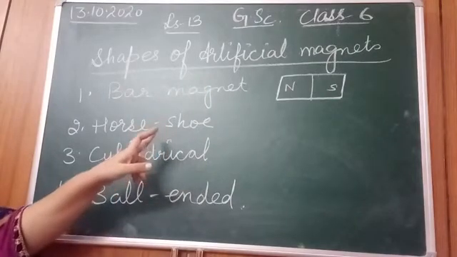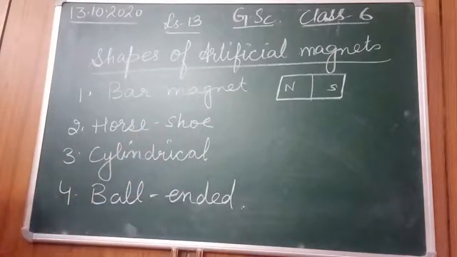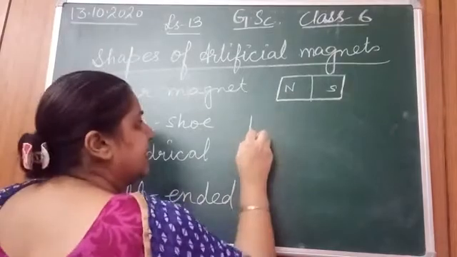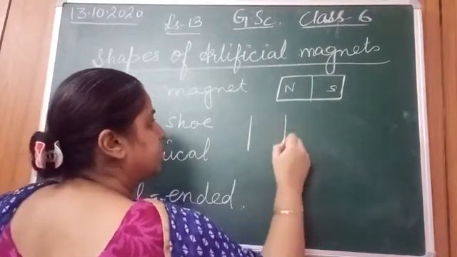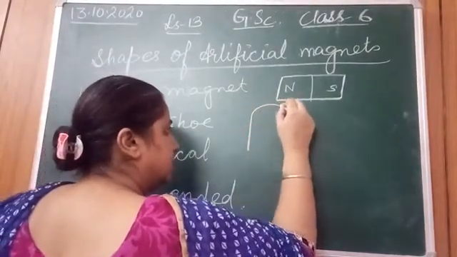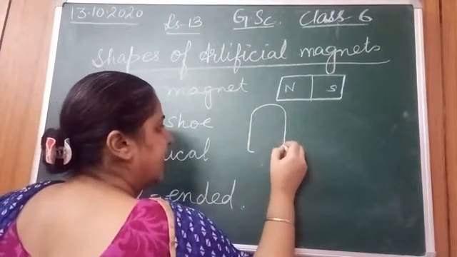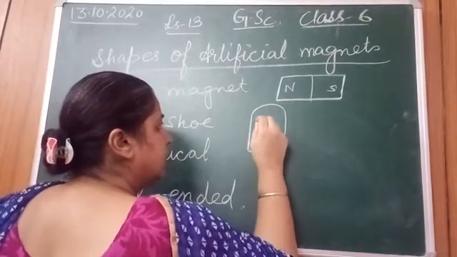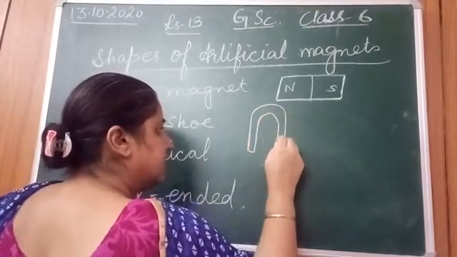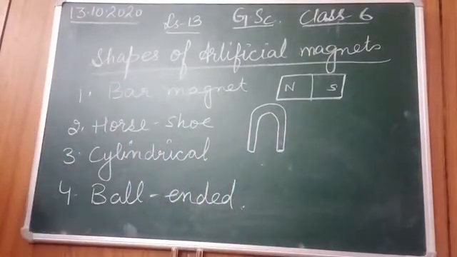Now what is the shape of a horseshoe magnet? A horseshoe magnet is like this. This is like the shoe of the horse, like this. This is a horseshoe magnet, right? Then next is the cylindrical magnet.